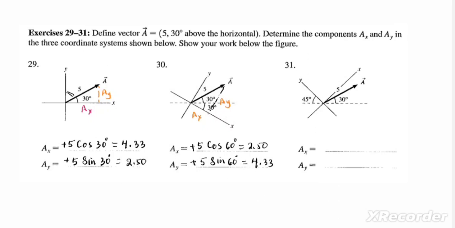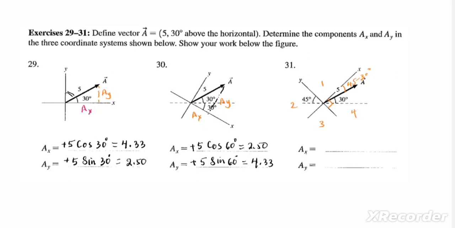On question 31, we see that this is our x and this is our y direction. So the vector A is actually in our fourth quadrant, because this is quadrant 1, 2, 3, and 4. So let's look at what this angle is. We have this angle which is 90 degrees. So here it will be 45 minus 30.